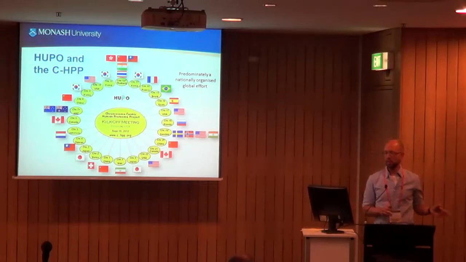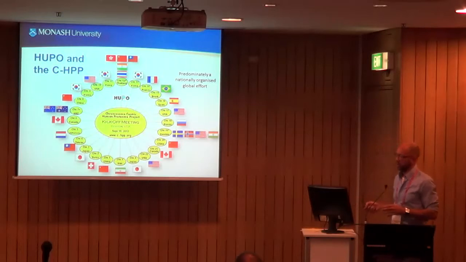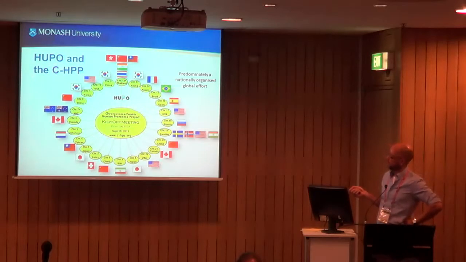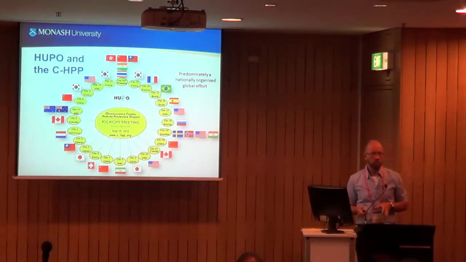One is based on disease, and I'm not going to talk about that today. But the other one is based on information we already know from sequencing the genome, and this is the Chromosome-Centric Human Proteome Project. So it's predominantly a nationally organised global effort.